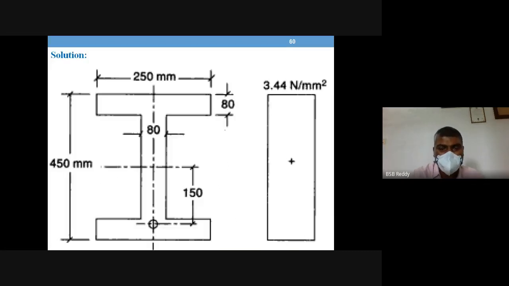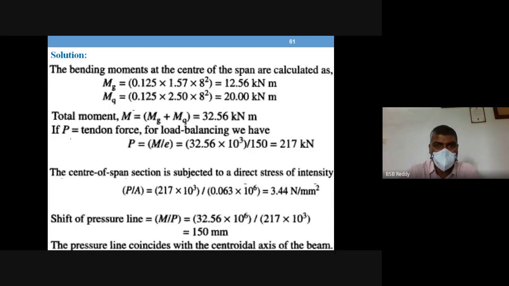So working out for dead load and live load bending moments, WL square by 8, WL square by 8. So total moment is this much, and the tendon force is P. P is the force, tendon force.